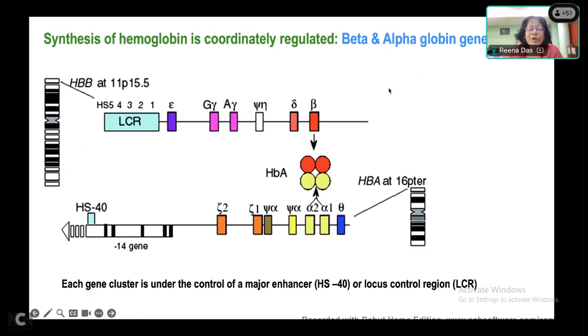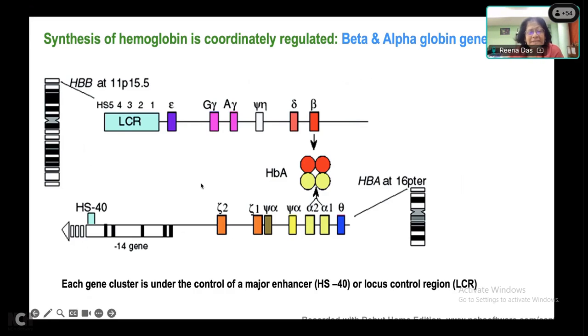Now, this is how the hemoglobin molecule is coordinated. It's a little complex because the hemoglobin molecule has 2 alpha chains and 2 beta chains, and the production of these globins is not on the same chromosome. The beta globin locus is present on chromosome 11 short arm, and the alpha globin chains, the entire locus is present on chromosome 16 at the telomeric end of the short arm.